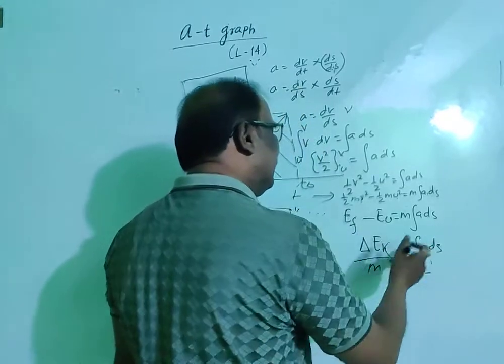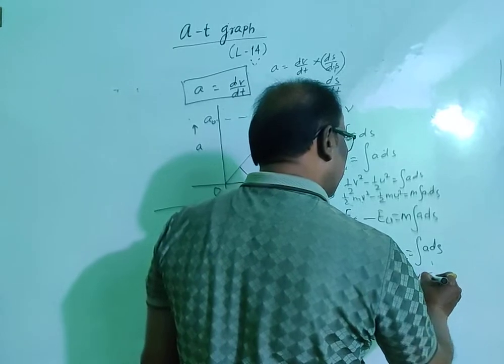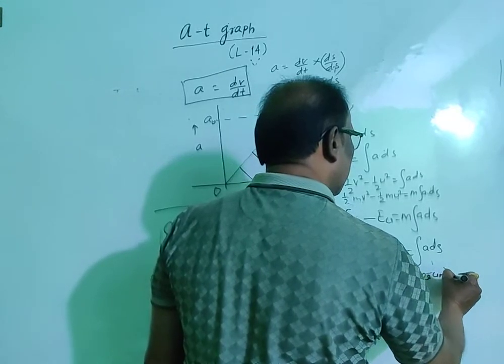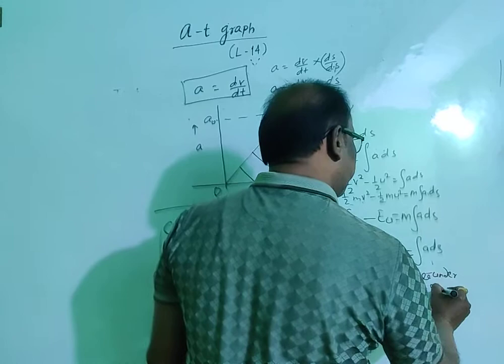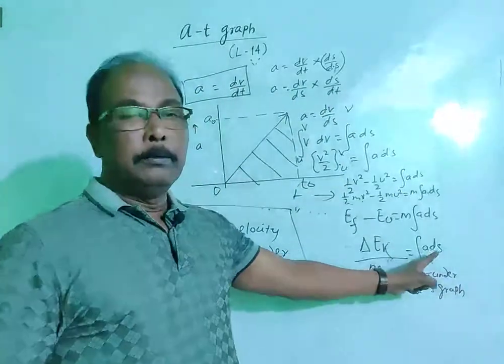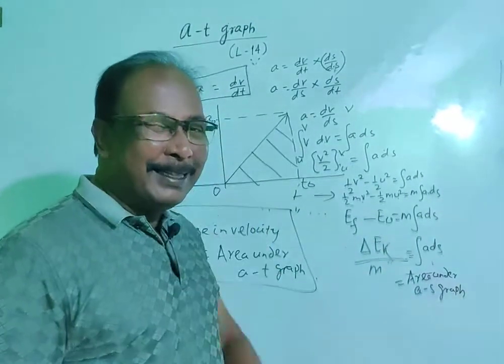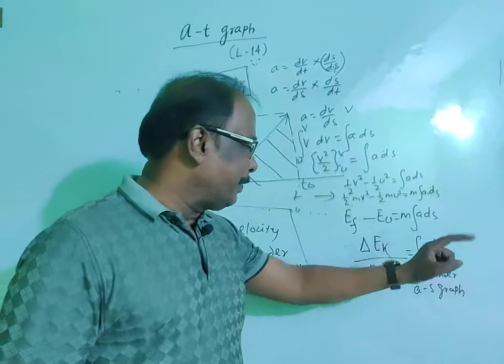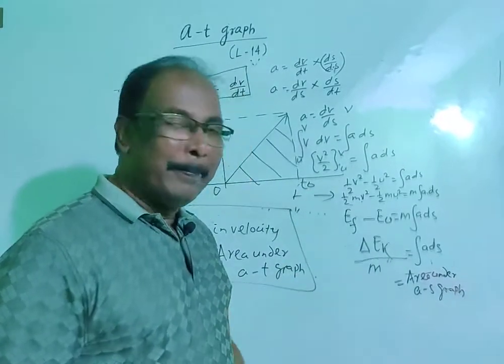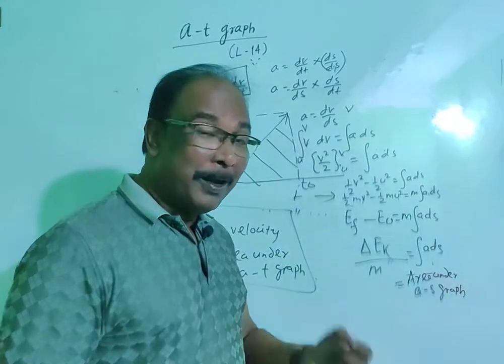Thus, change in kinetic energy per unit mass is equal to the area under the a-s graph. A is acceleration, ds is a small change in displacement, and a into ds means the area under acceleration and small displacement ds.